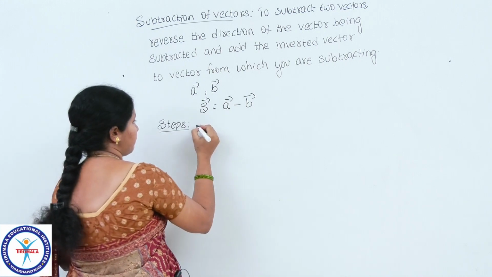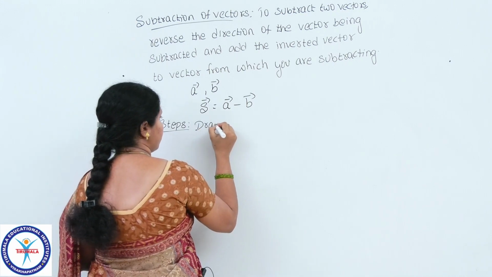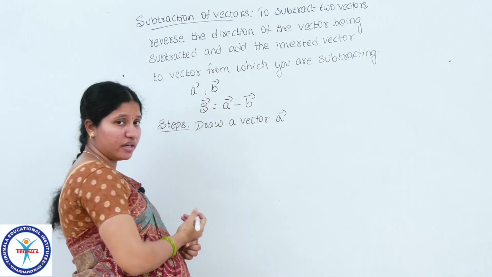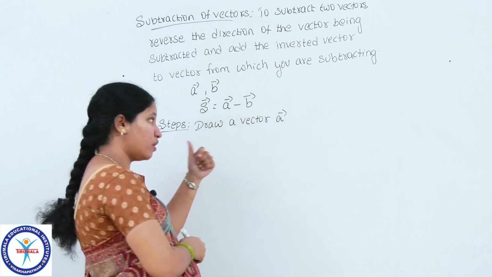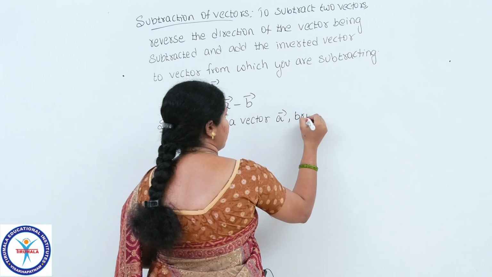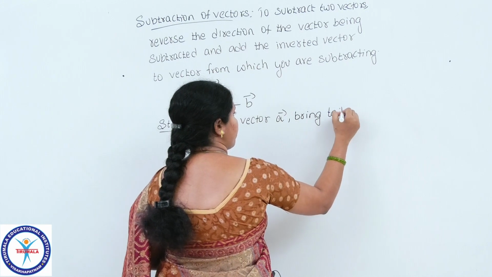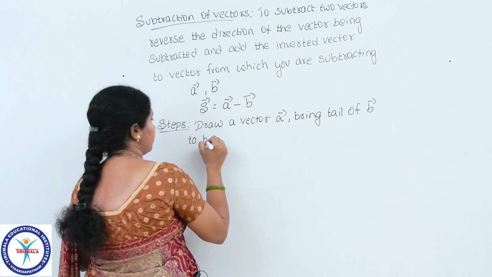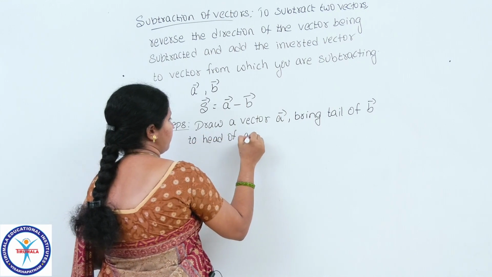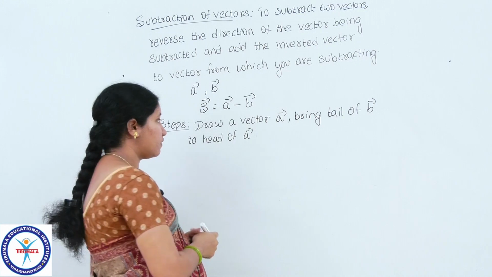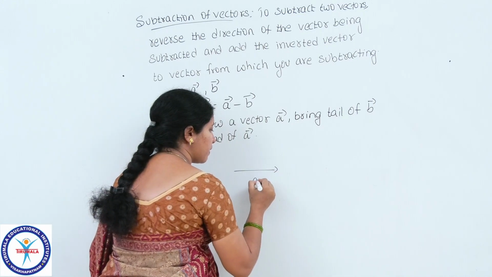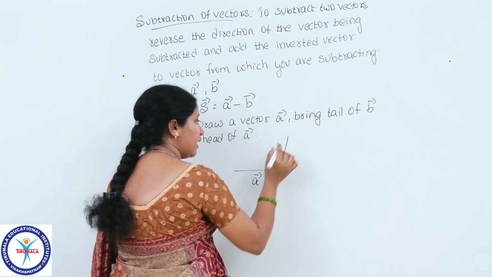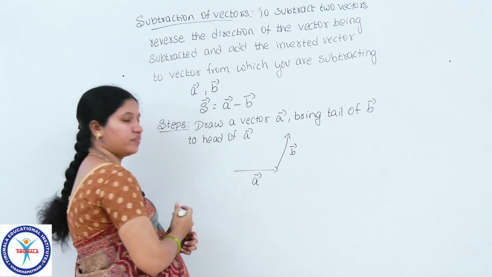First, draw a vector a bar and bring the tail of b bar to the head of a bar. So, the first step is draw a vector a bar and bring the tail of b bar near the head of a bar.